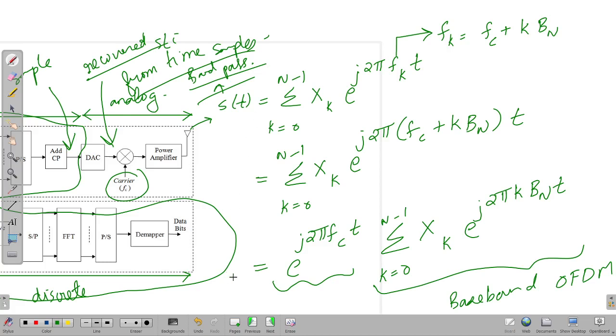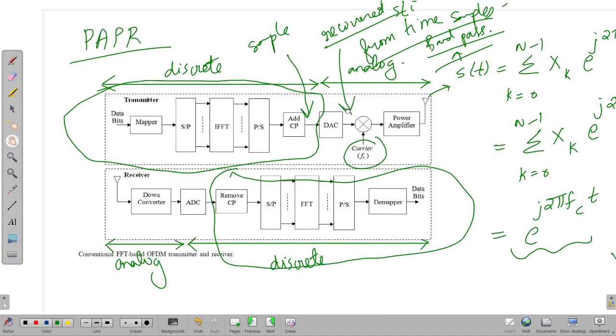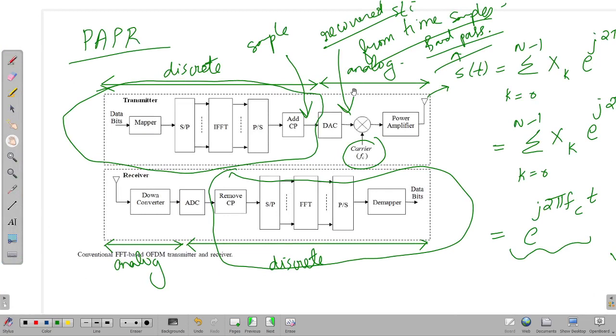The different subcarriers are all independent of each other, and when these subcarriers add with each other, their phases may coincide.